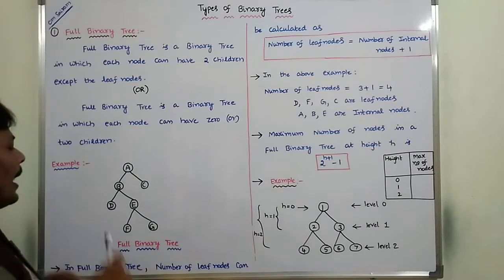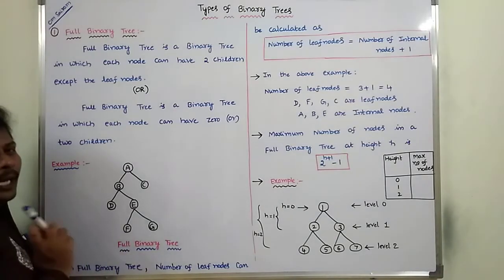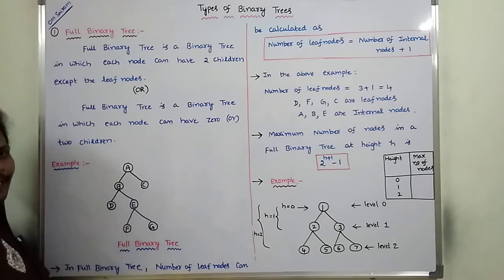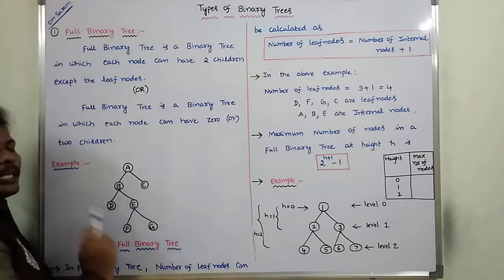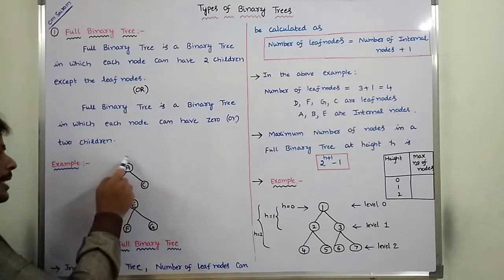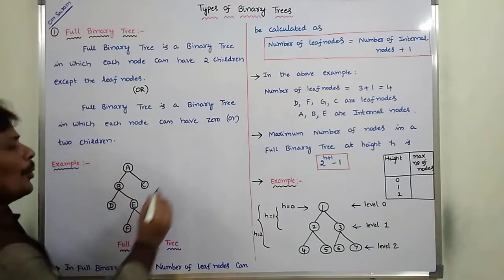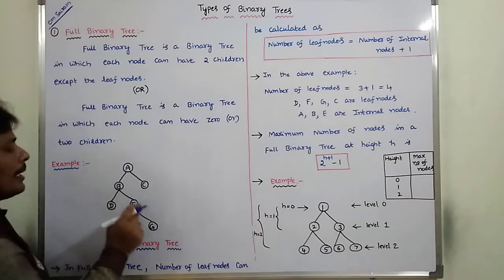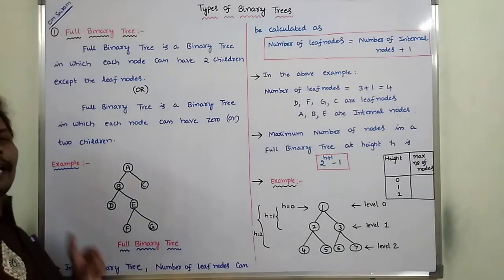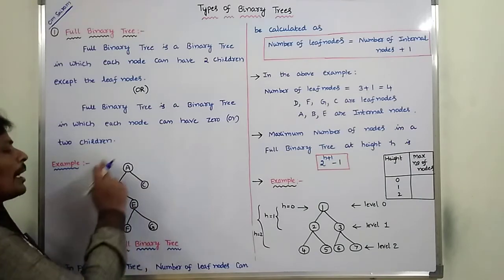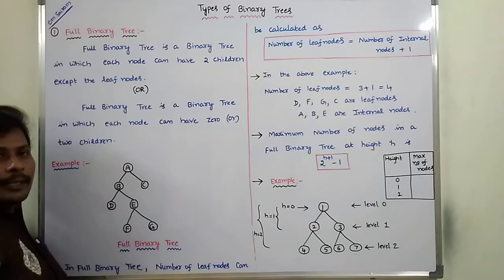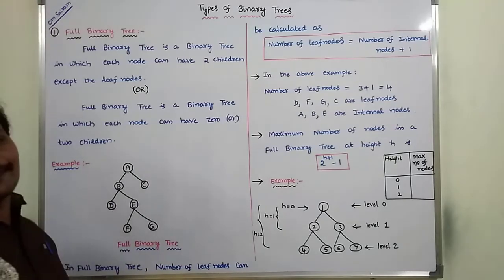Internal nodes means the nodes that have children. Here A has 2 children, B has 2 children, E has 2 children. So A, B, E are the internal nodes. Then the number of leaf nodes is equal to the number of internal nodes, 3 (A, B, E), plus 1. So 3 plus 1, that is 4.